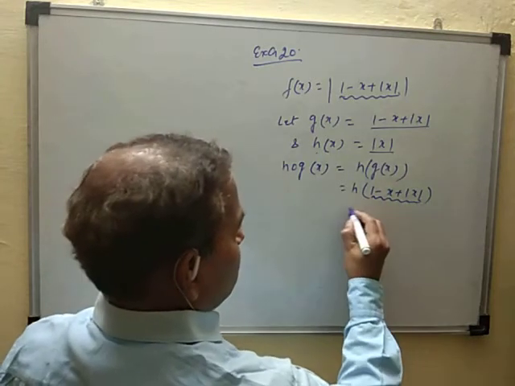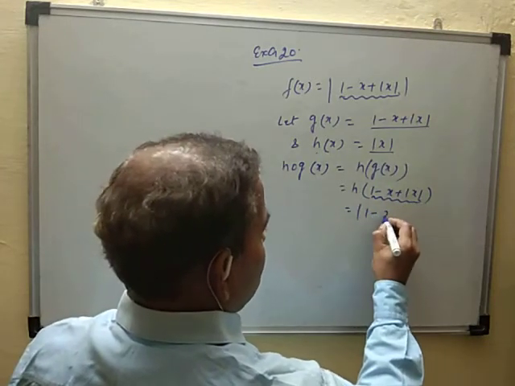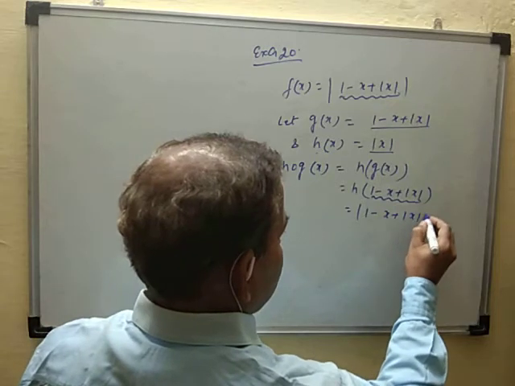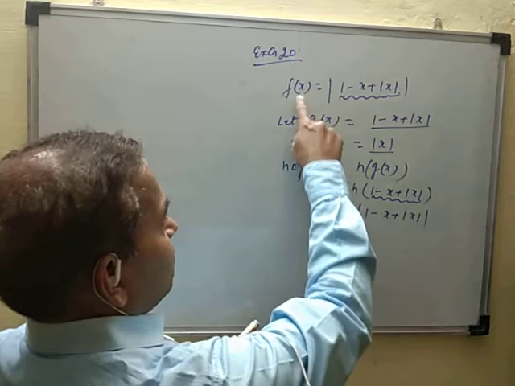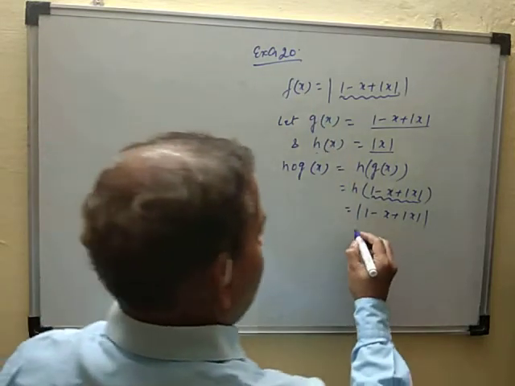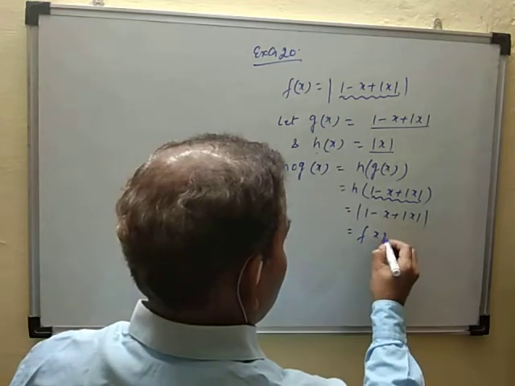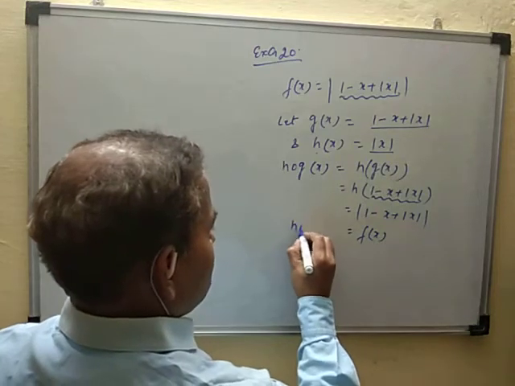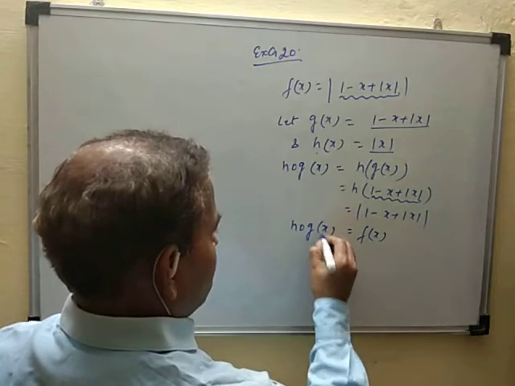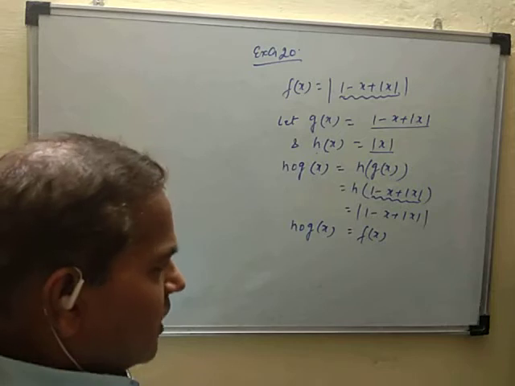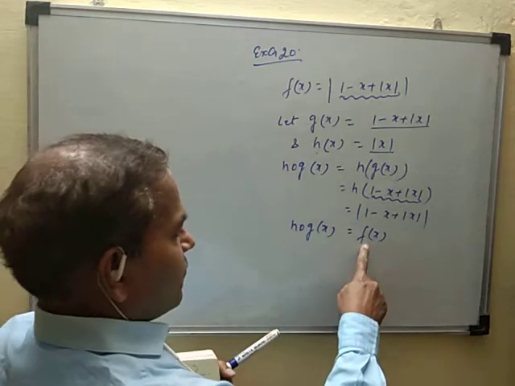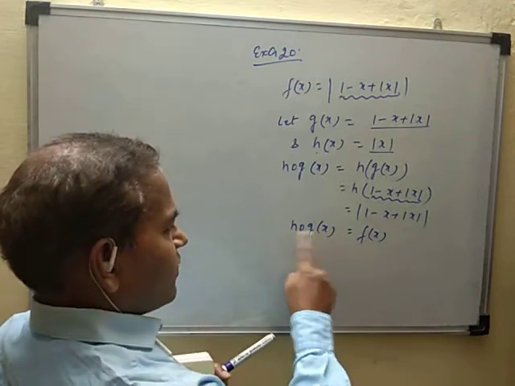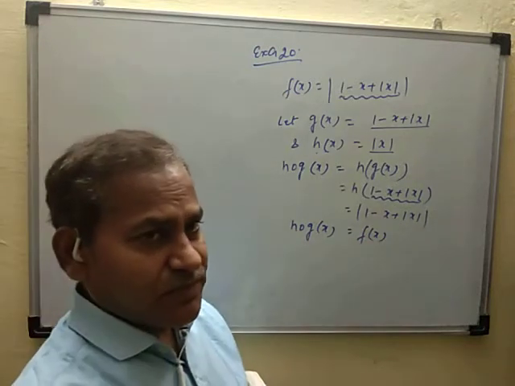So h of this is equal to mod of 1 minus x plus mod x. And this is the function f of x. That is, h composition g at x is equal to f of x. So function f of x is the composition of two functions h and g.